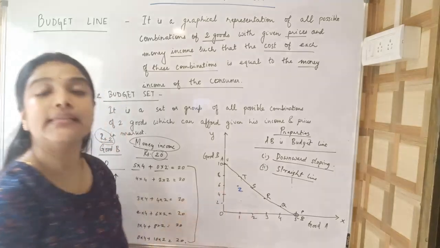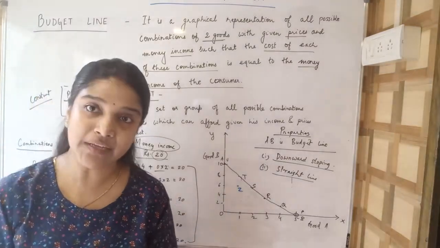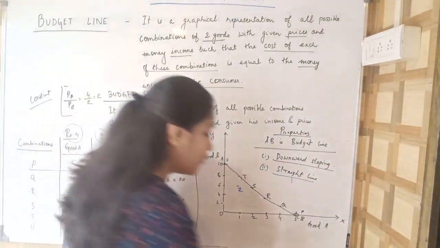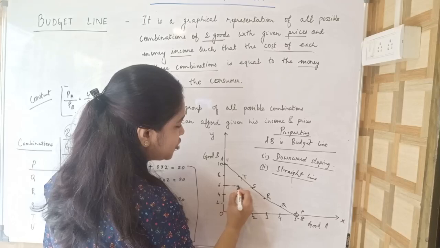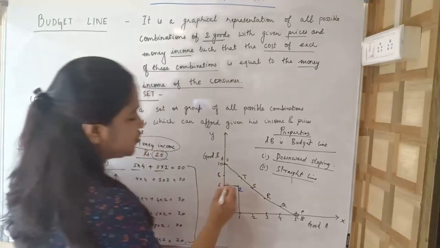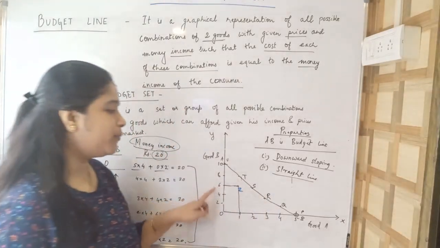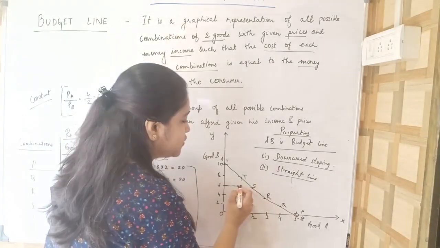Definitely this is coming within the budget. That means the consumer will spend 6 units of good B and 1 unit of good A for this combination.